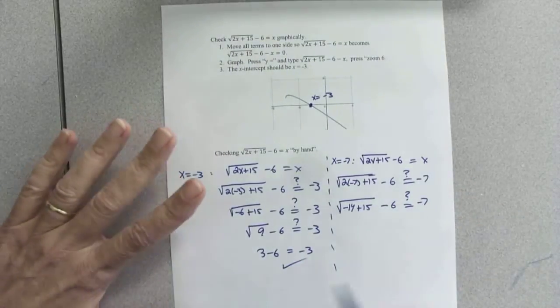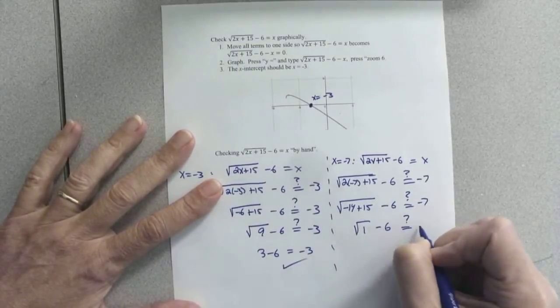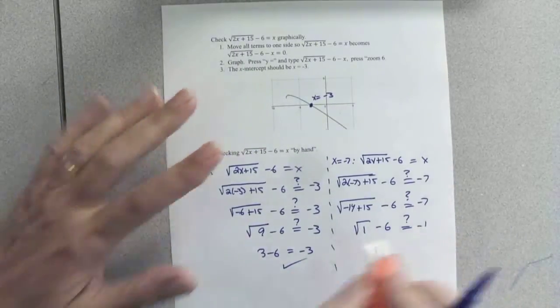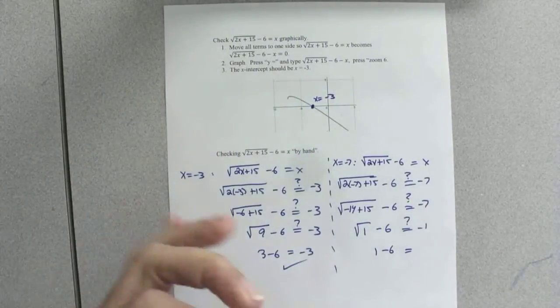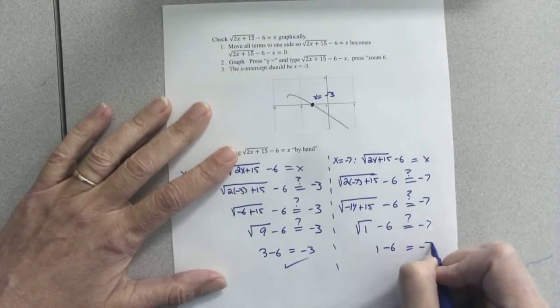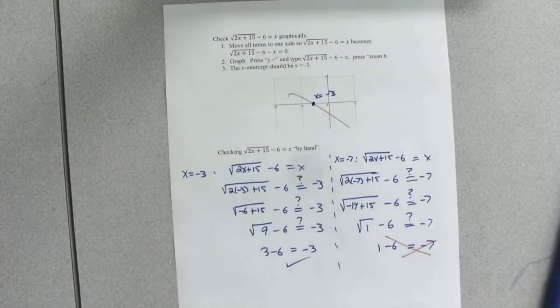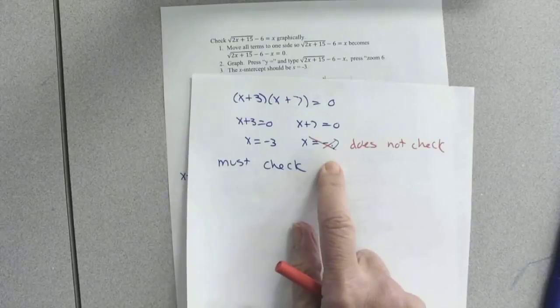Wondering if that's going to be negative 7. That's going to be the square root of 1 minus 6. Wondering if that's negative 7. And so that's going to be 1 minus 6. That is not negative 7. And so we verified by hand that x equals negative 7 doesn't check.